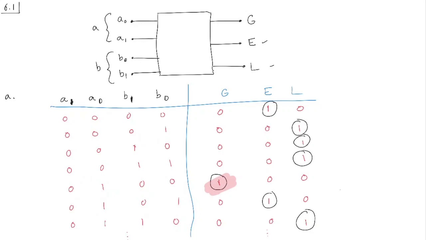So the minterm corresponding to that is going to be a1 bar, a0, b1 bar, b0 bar, because b0 is also 0 at that point. And you write all the minterms. So G will be equal to this minterm plus the minterms corresponding to the other ones in the table.